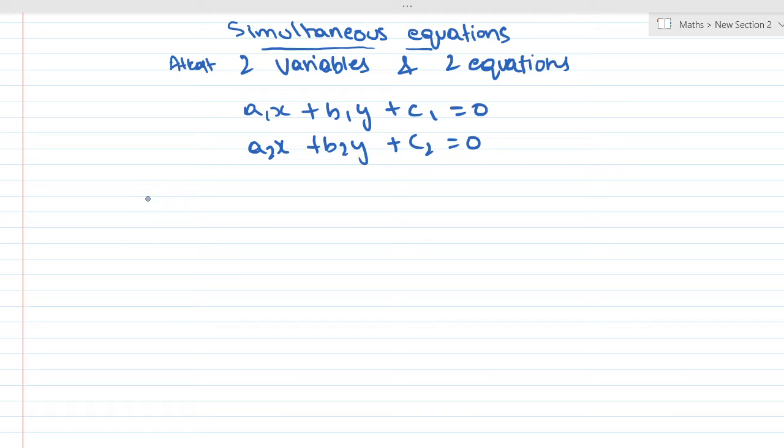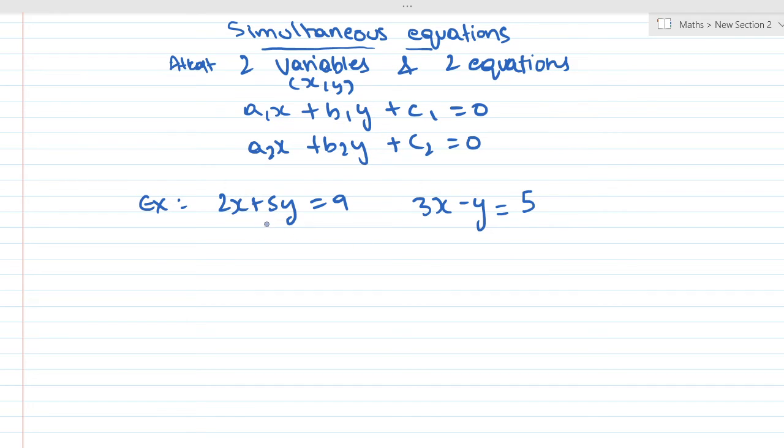I'll give you an example. 2x plus 5y equals 9. 3x minus y equals 5. So there are two variables, x comma y, and there are two equations. Okay, these are simultaneous equations.